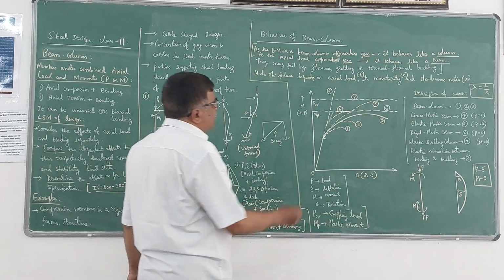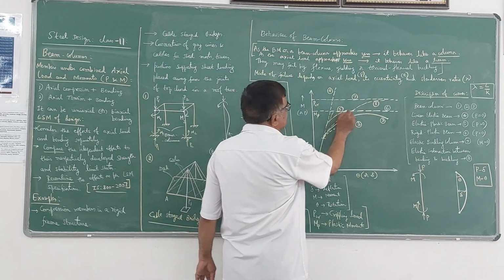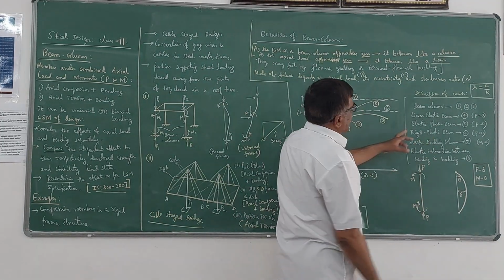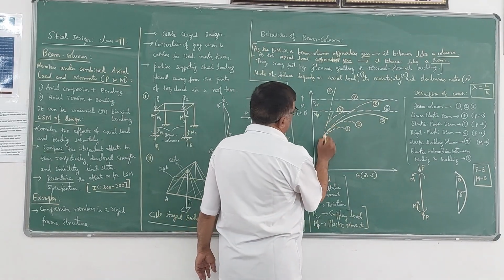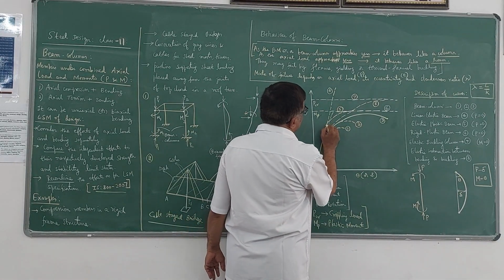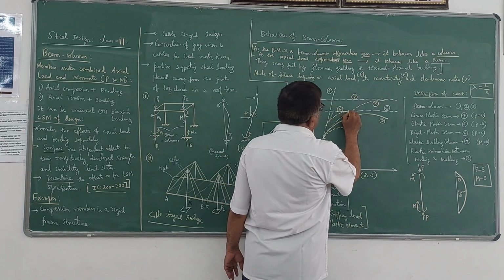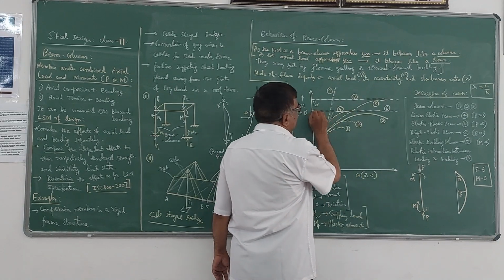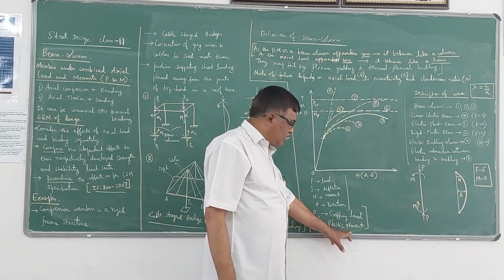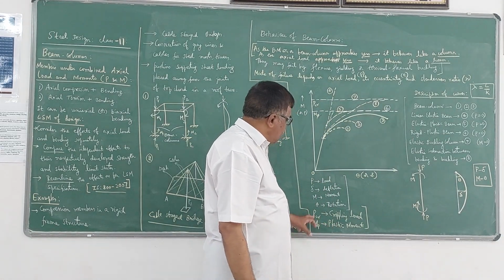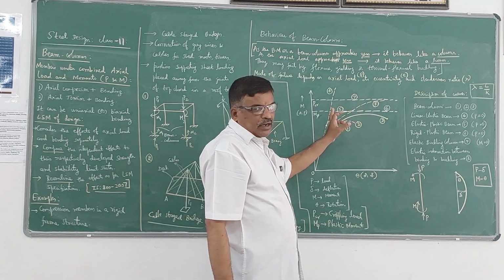Then the fifth one is like this. The fifth one is the elastic plastic beam. See the behavior. It goes linearly up to this point, then it takes a curved shape like this, and then it joins this MP value. Please note that MP is the plastic moment value for that particular section. PCR is the crippling load or the buckling load.